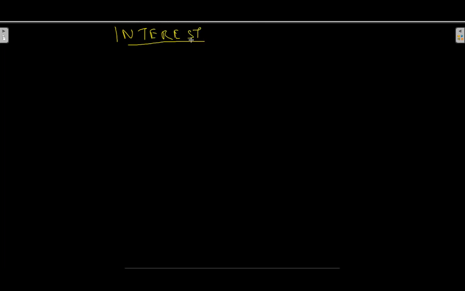Now, to discuss interest, let's take the example of banking. What happens in a bank is that there is a depositor who deposits money to the bank. What the bank does with this money is that it lends it to a businessman.